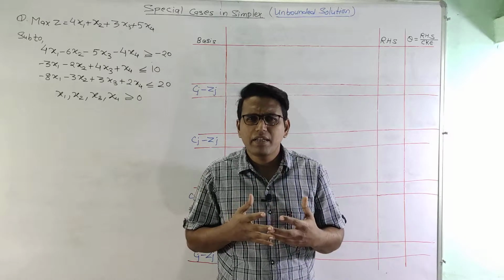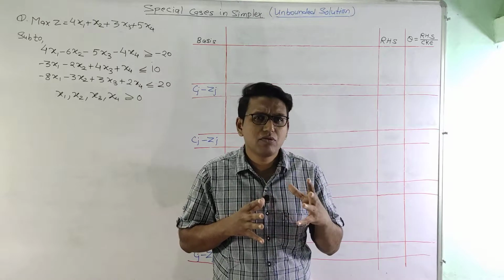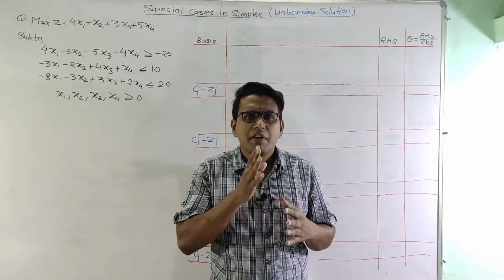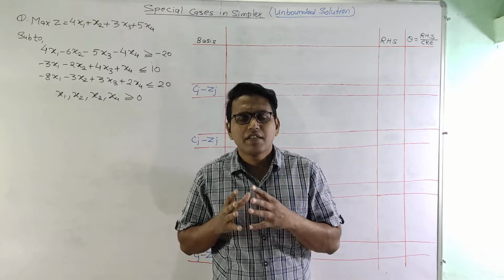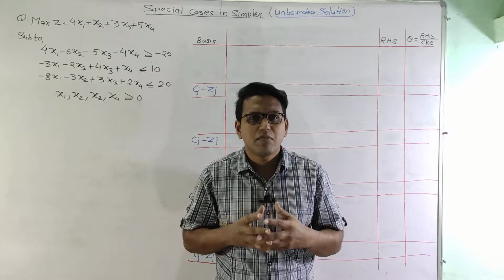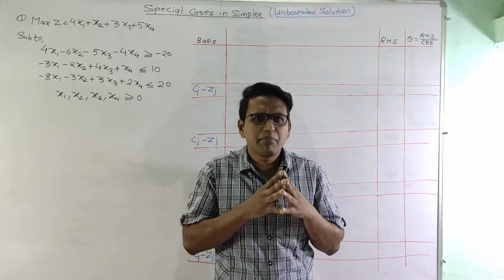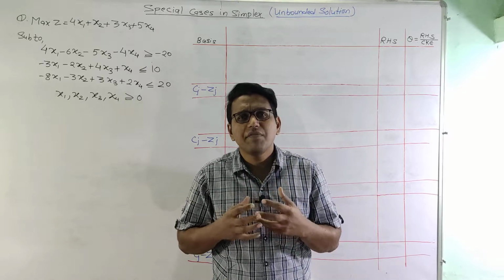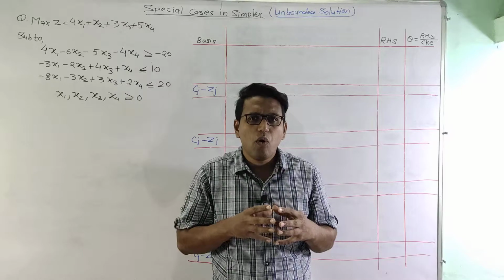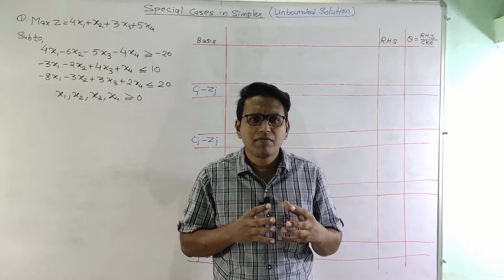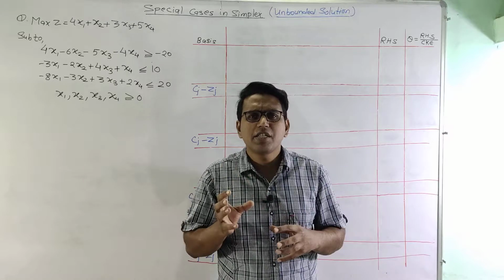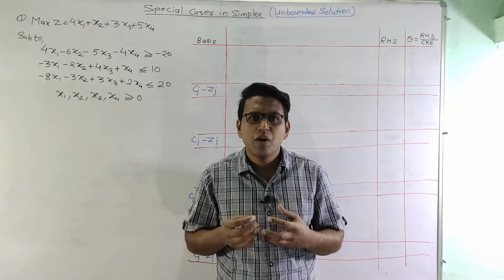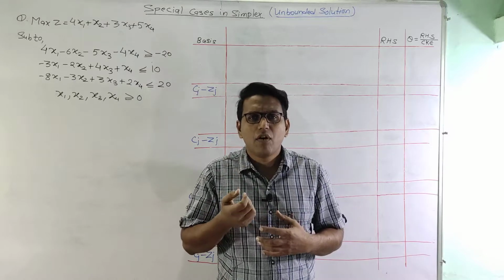But in case of simplex, how can we identify an unbounded solution? In the simplex method, an unbounded solution occurs when we are unable to find the leaving variable on the simplex matrix. This happens because in the key row we selected, all the variables are 0 or negative, and because of that we will have the minimum replacement ratio, which is also known as theta, as negative or infinity.